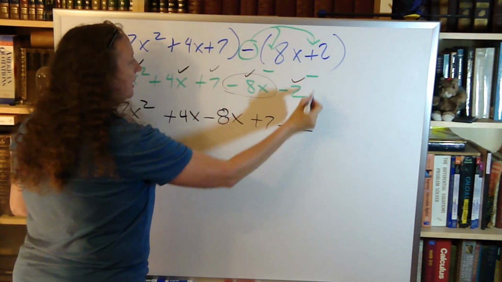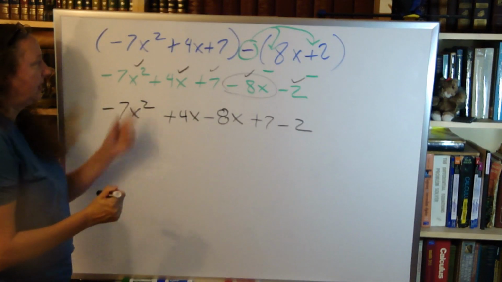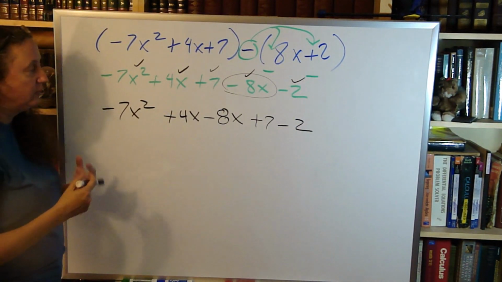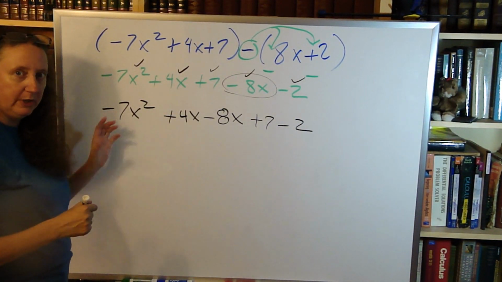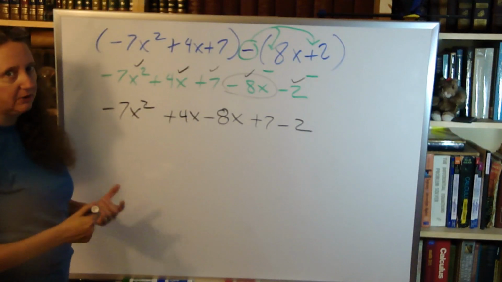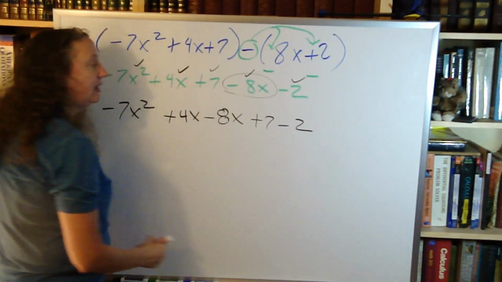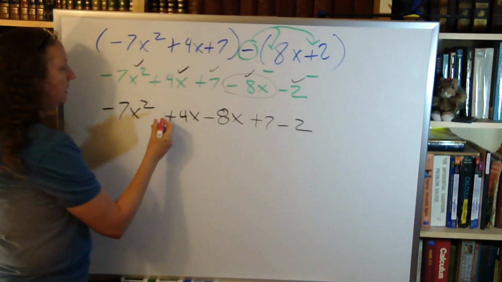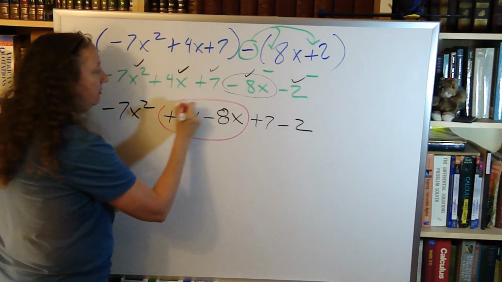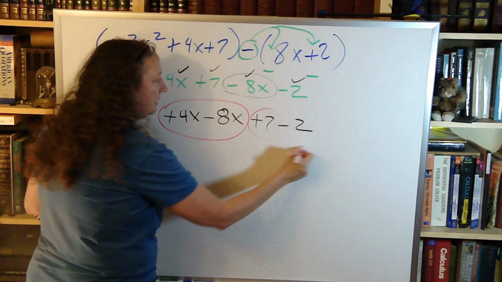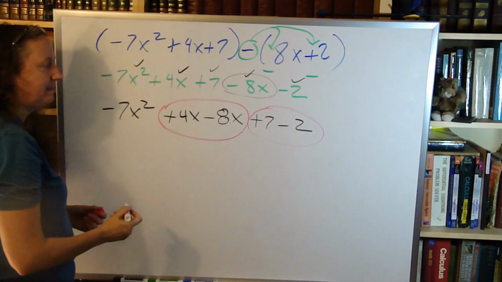That's done. That's done. Sometimes it helps to put those check marks or circle them or something to let yourself know that you've already gotten that one. That way you're not repeating it and you're not missing it. Do I have any terms that need to be combined? Yes, I do. These both have x to no exponent, and then these have no x's in them.